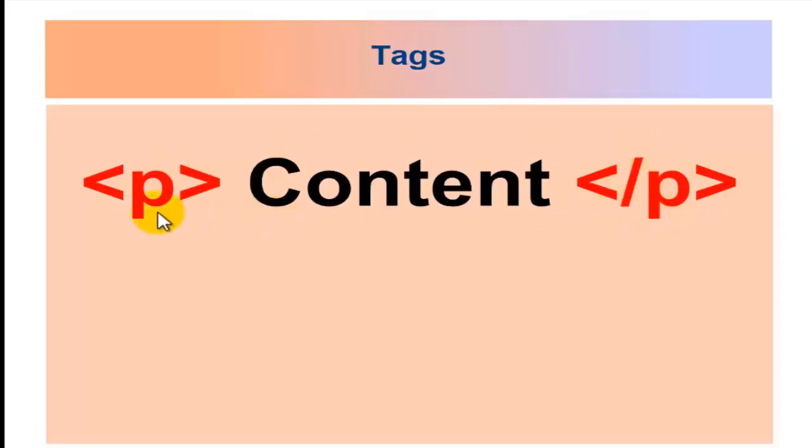So we started a p tag here and then we close the p tag, so we close in this way. So the p tag denotes that it is a paragraph tag.